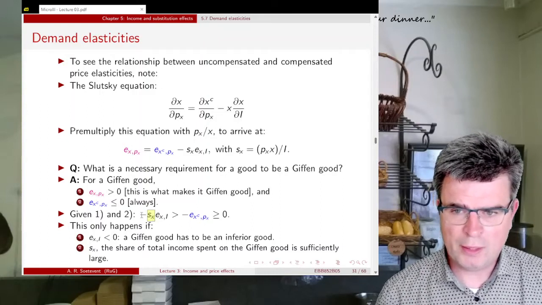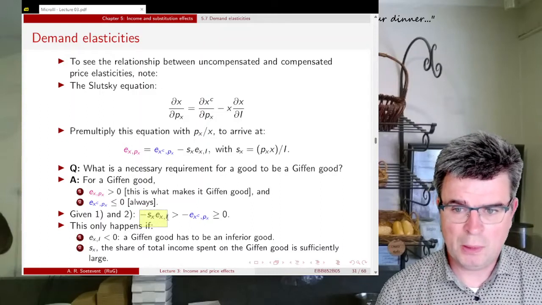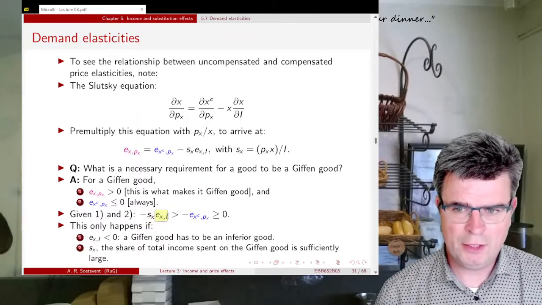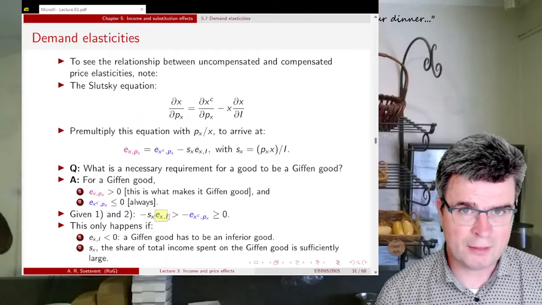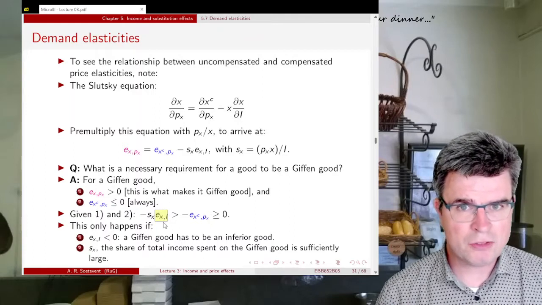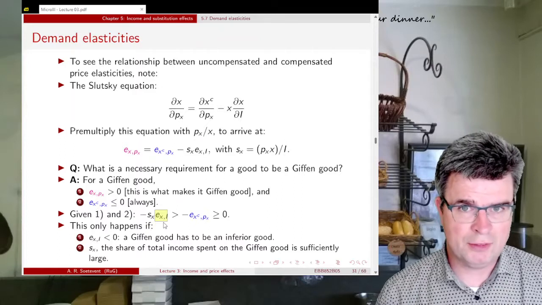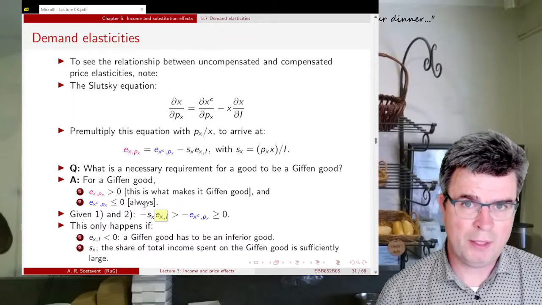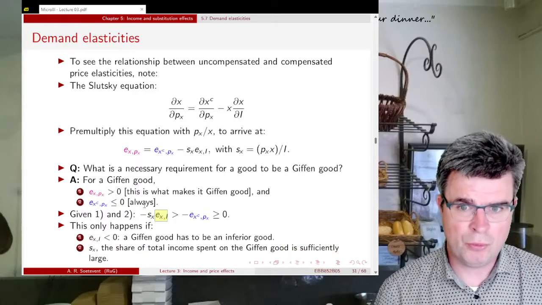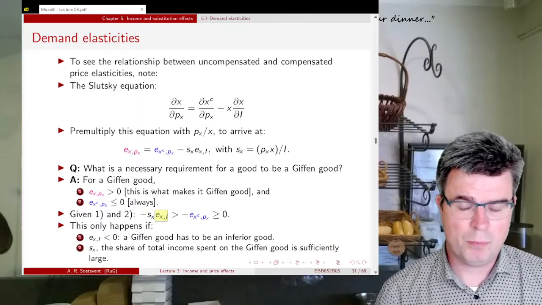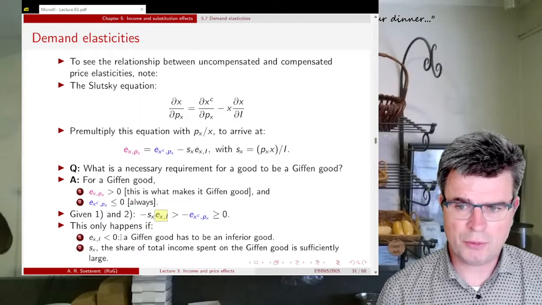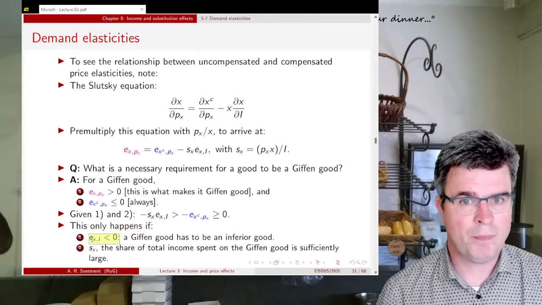So the only way for this expression to become positive, to undo the minus sign over here, is when this thing is negative as well. Meaning that the income elasticity of good X is negative. So if our income increases, we need to reduce our consumption of good X. So a Giffen good always needs to be an inferior good, because this is the definition of an inferior good.